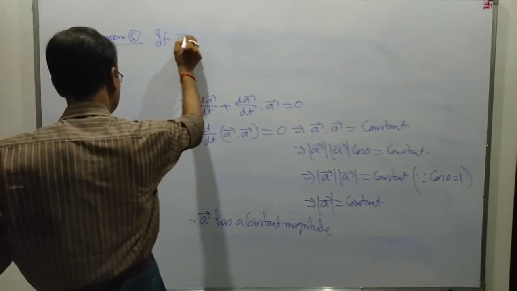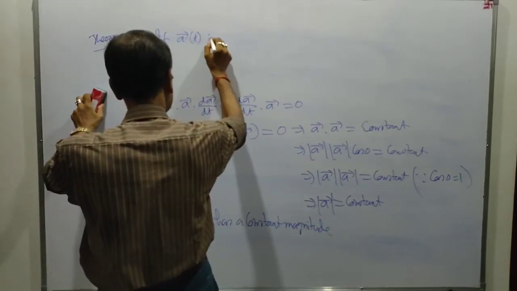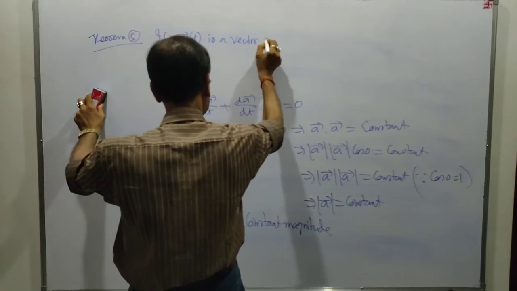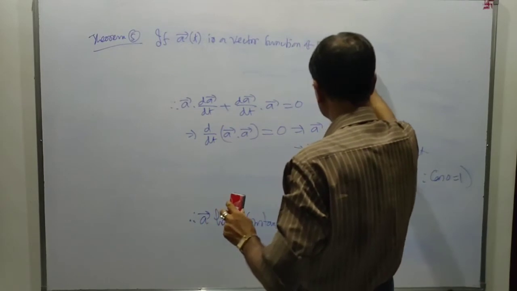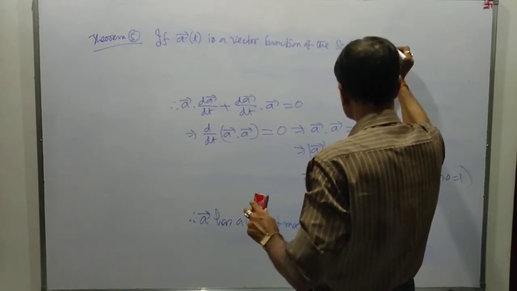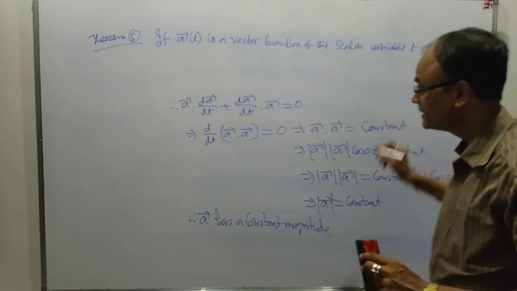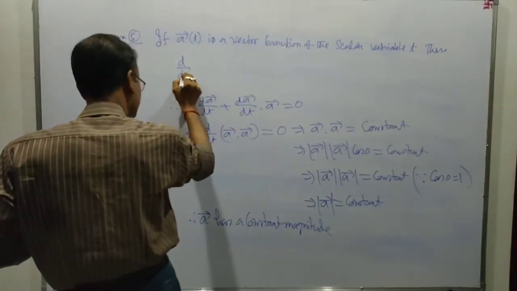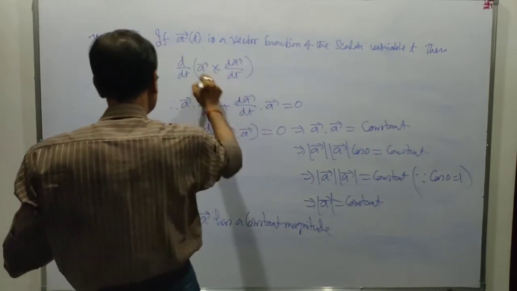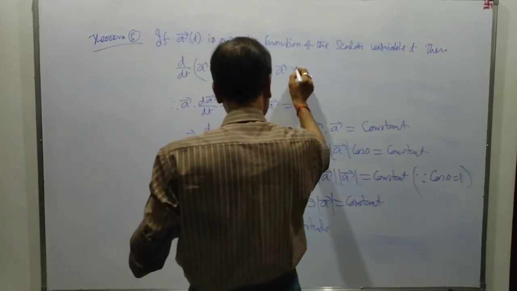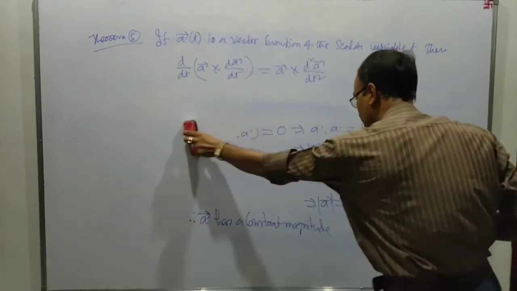If A vector is a vector function of the scalar variable t, then d by dt of A vector cross dA vector by dt is equal to A vector cross d2A vector by dt square. It is a problem, not a theory. You will get it like this.